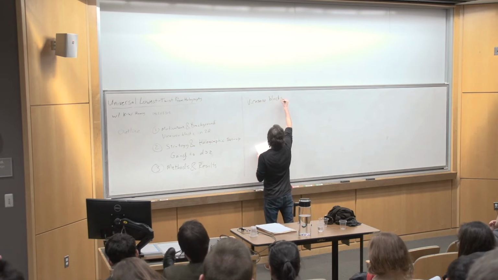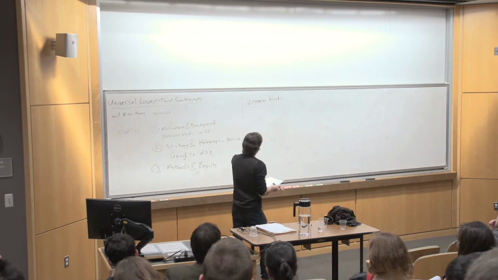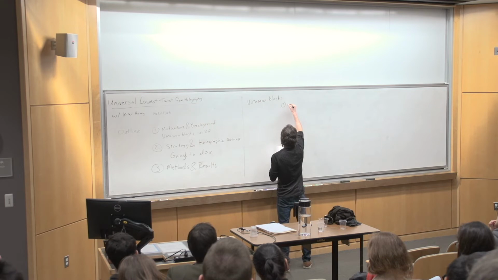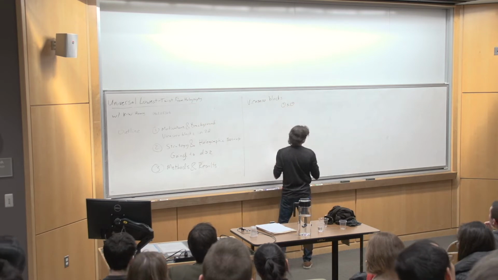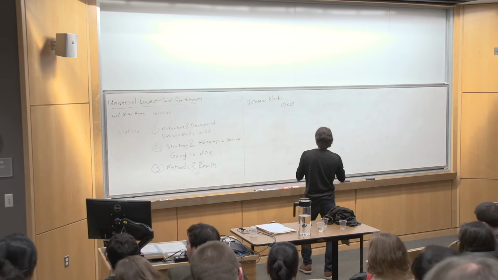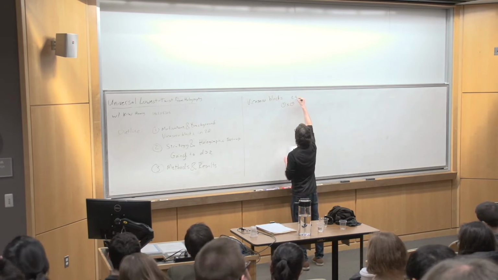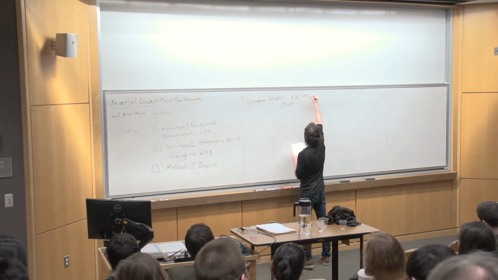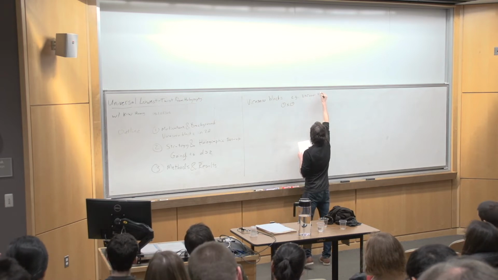In 2D CFTs, they're basically contributions to the operator product expansion from an entire irreducible representation of the conformal algebra. There's one in particular that's most important for what I'm going to be saying, which is the vacuum block.